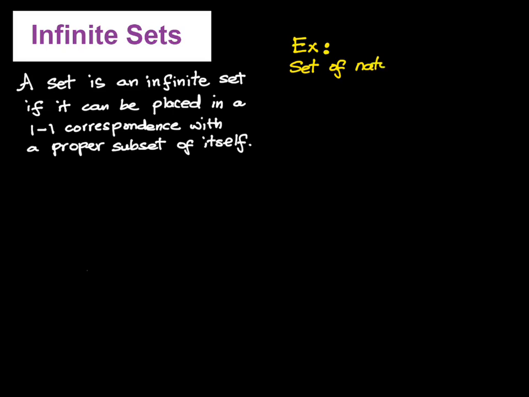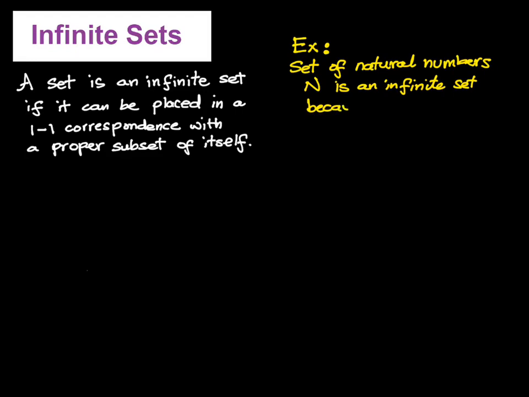For example, there's the set of natural numbers, which is set uppercase N, and we know it has the numbers 1, 2, 3, 4, 5. So why is that an infinite set?